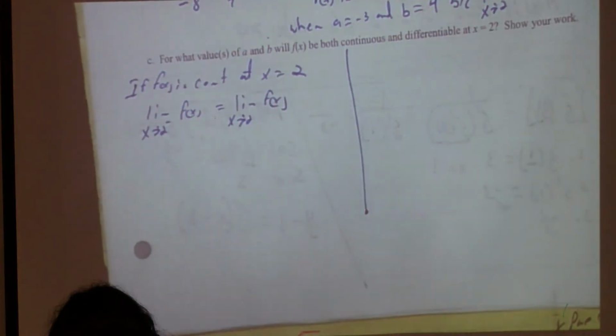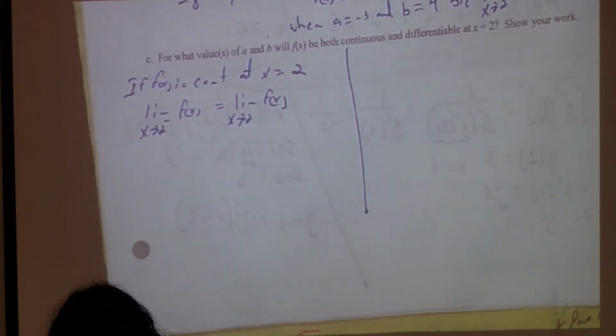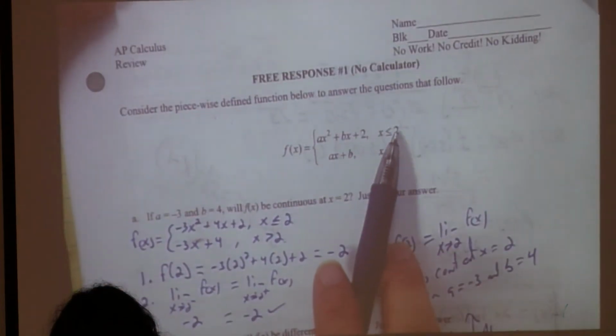But now we don't have the specific A and B that we need. We're going to make a formula to find the A and the B. So what are we going to replace in the original equation at the top? We're going to replace the x's with a 2, and we're not going to touch A and B. Does that make sense? So you're going to put a 2 for the limit from the left in here.